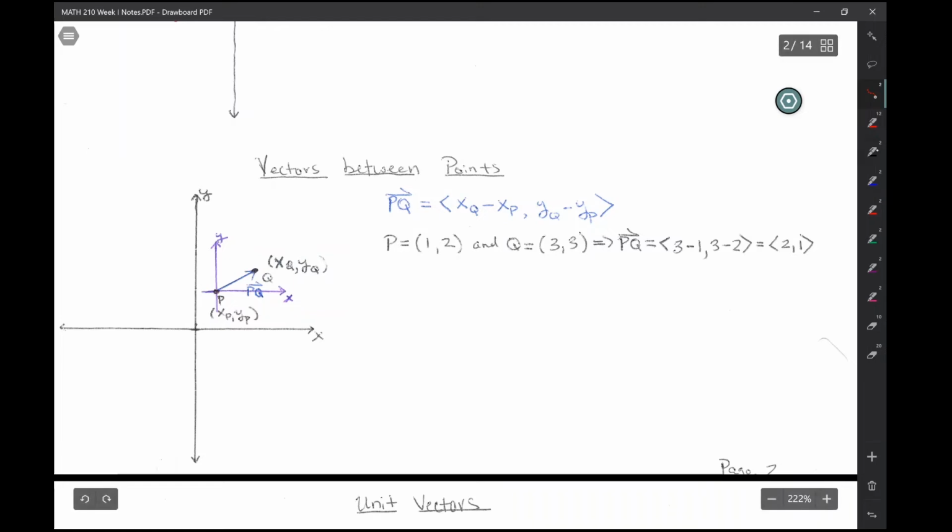Imagine I ask to add the vector PQ to a vector here. Say here's the point R, and say here's the point S, and so we get another vector here. That vector there is the vector RS. It starts at R and ends at S. Can you add the vector PQ to the vector RS?